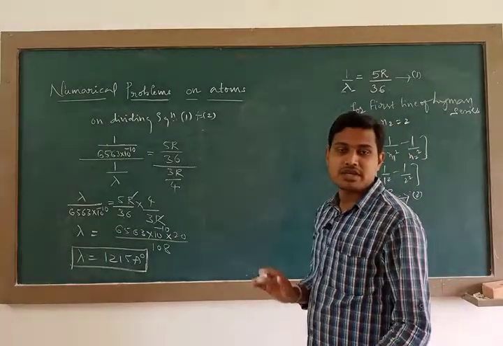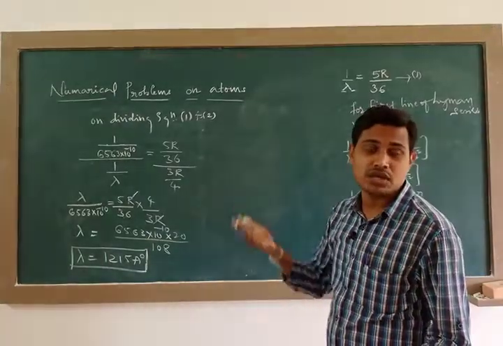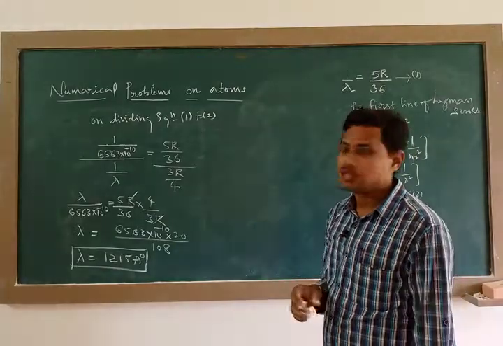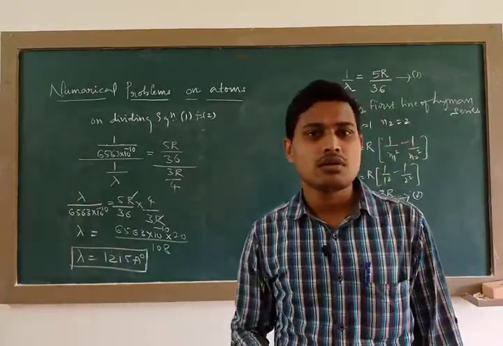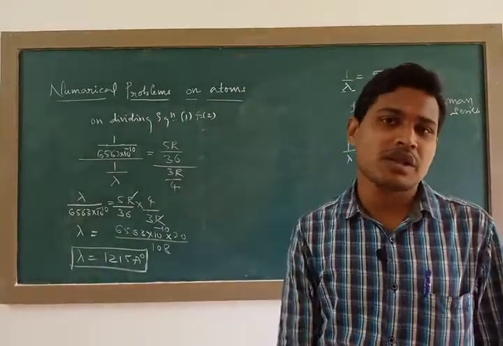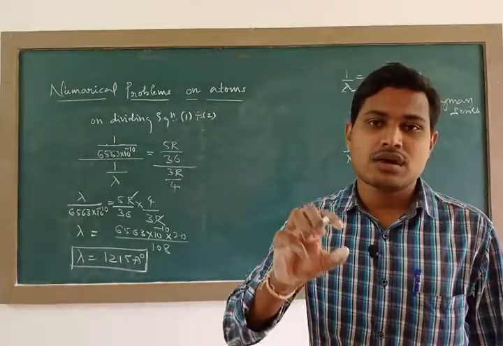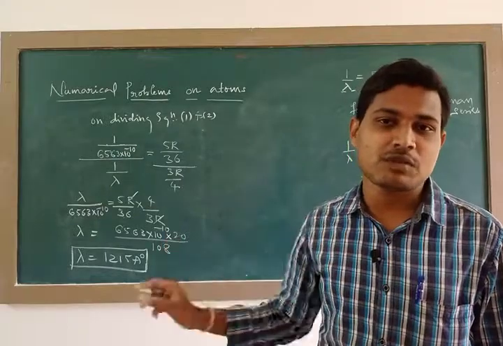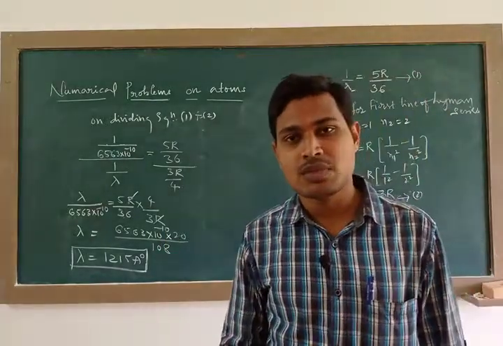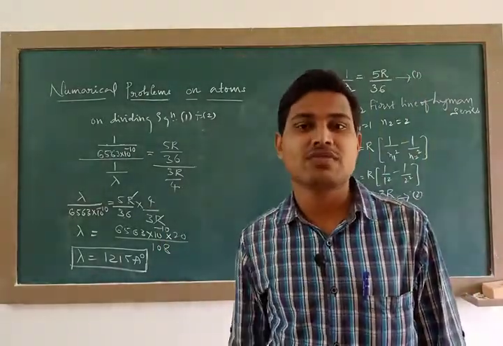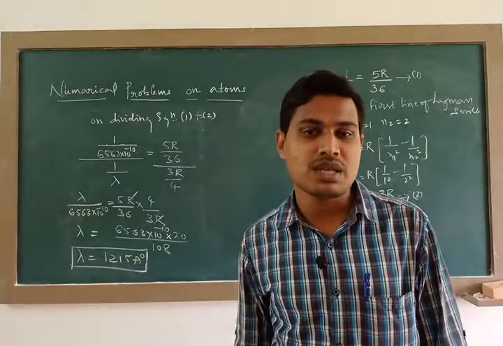The data is only that they have given the first member wavelength of the Balmer series. So like this you can also take your own assignment. How? If the wavelength of the first line of the Lyman series is 1215 angstrom, then calculate the wavelength of the first member of the Balmer series.